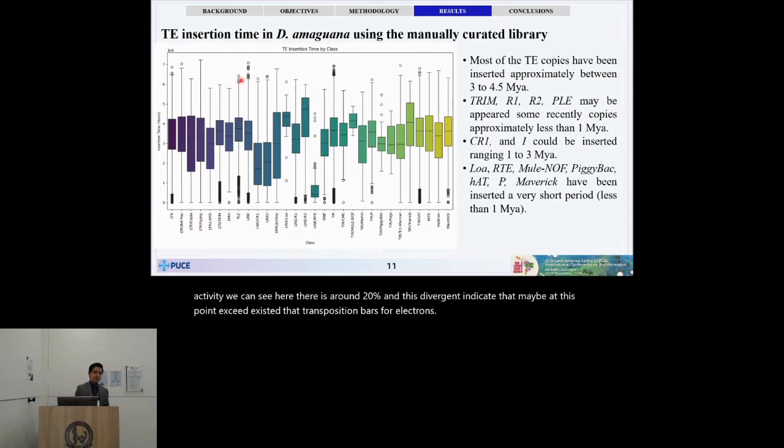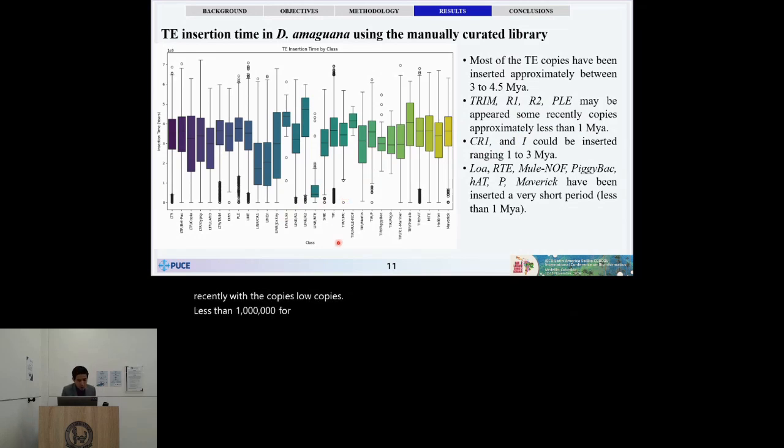Analyzing the TE insertion time in Drosophila amaguana, we can also see that most of the copies of the TEs, of all superfamilies, were inserted approximately between 3 to 4.5 million years ago. But there are other superfamilies like TRIM, R1, R2, or PLE that maybe appeared more recently, with low copies, less than 1 million.